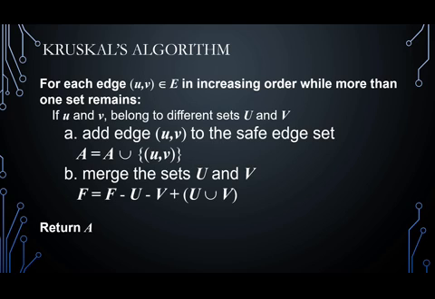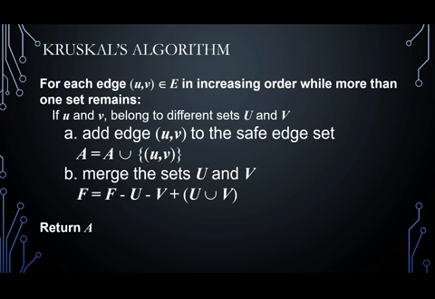So because it is a safe edge, you add it onto your solution set A. So A is equal to A union U comma V. So I'll add this edge onto my solution tree. Then merge the sets U and V. Fine. These two sets have to be merged into one set in the forest.